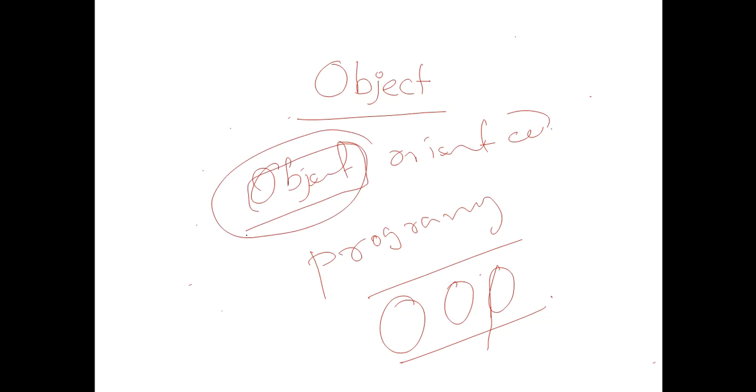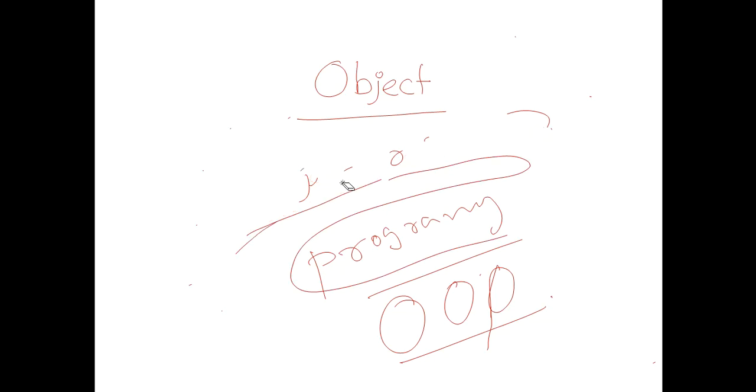So once we understand the object very nicely and very clearly, then we can definitely understand the object-oriented programming model. We can write programs, and as an example we are taking C++ as an object-oriented programming language.